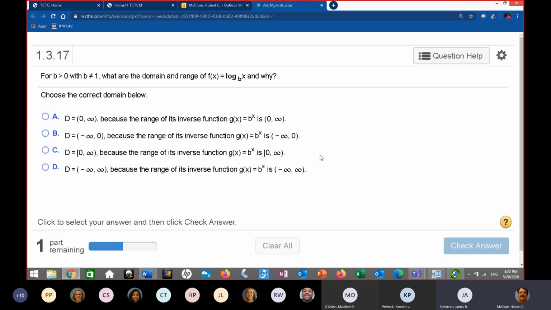Let me find it. Oh, I did this one. I just did it with a, yeah. Here's this one. I picked an example. And this one.